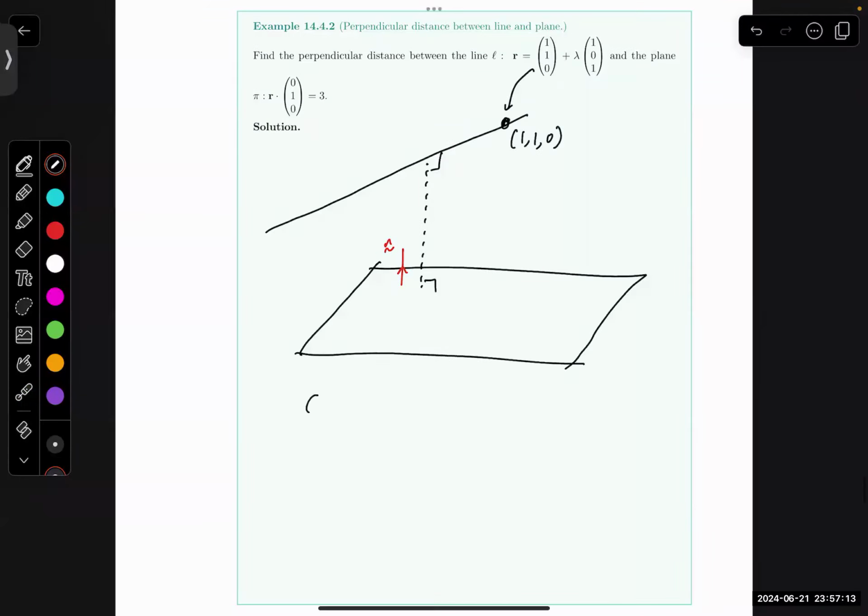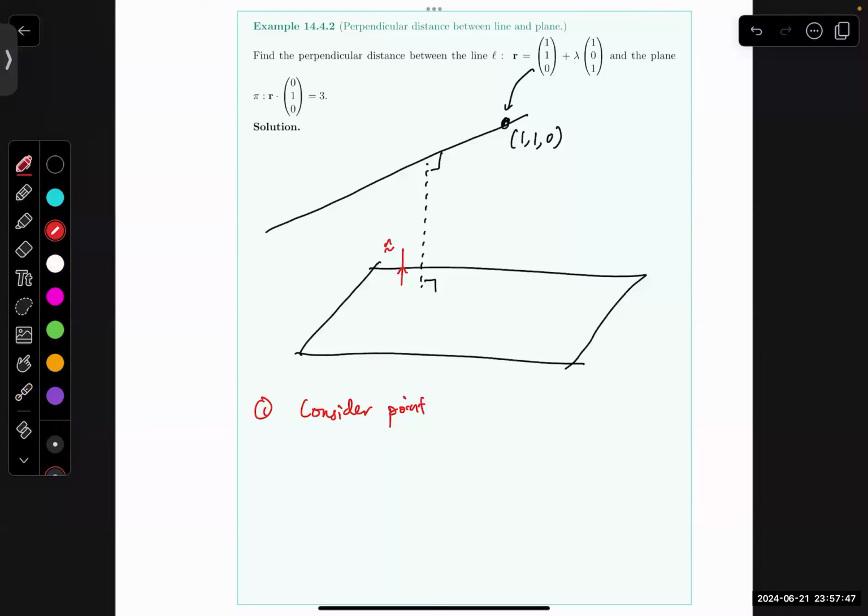So let's write down the first step: consider a point. You look at this equation. Only the y coordinate has 1 here. If you do a dot product, how can you get a 3? The only way is if you have a 3 here, right?